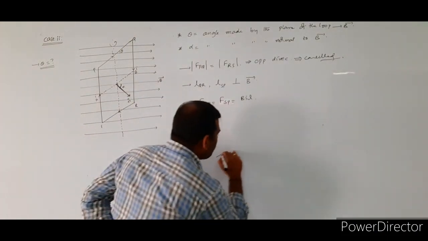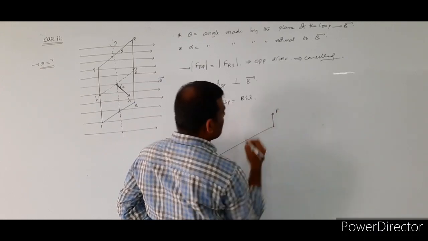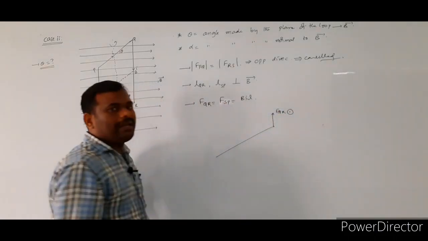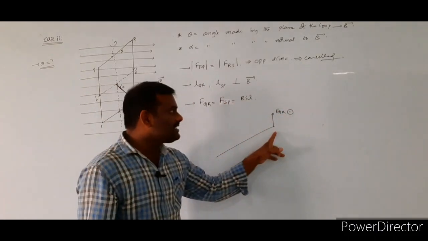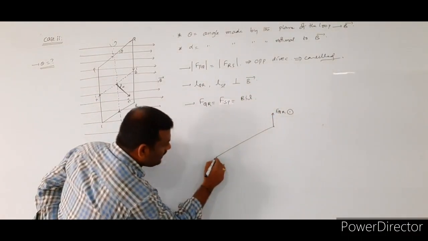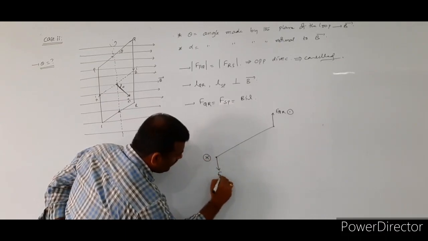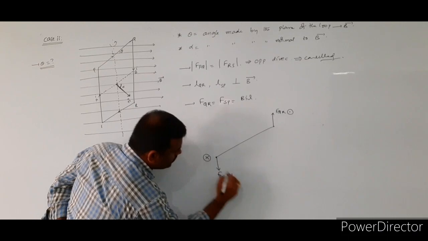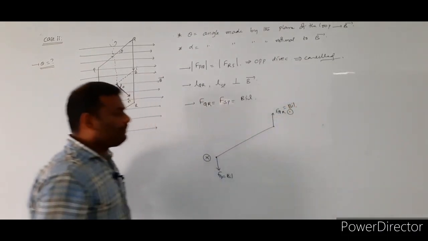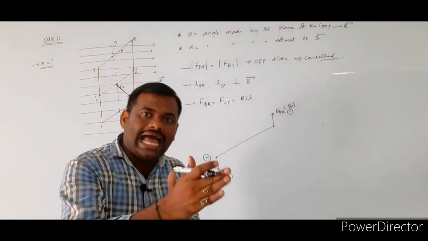So their force directions are represented here, because the coil will be rotated through a certain angle.